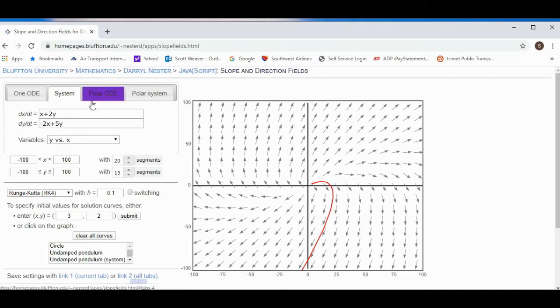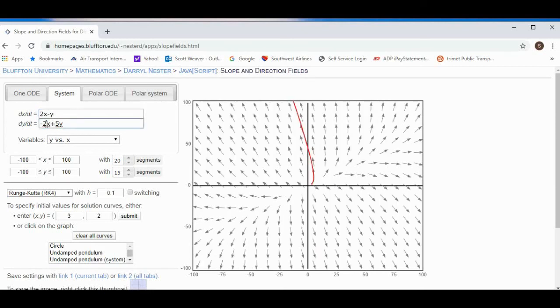Now while we're at it, we might as well take a look at some of the other scenarios for graphs that we have explored before. Here is another case. This is an example we did in section 5.2, where we had 2x minus y, and then 4x minus 3y.